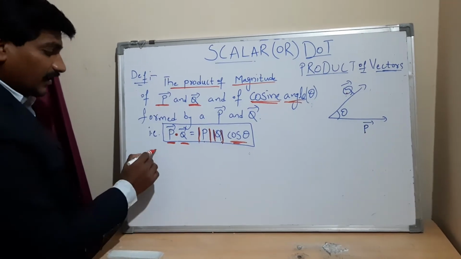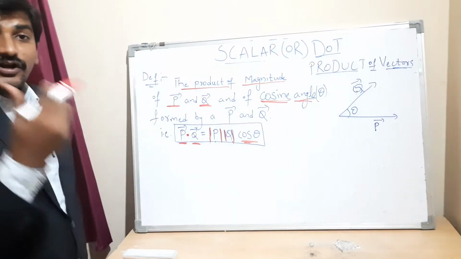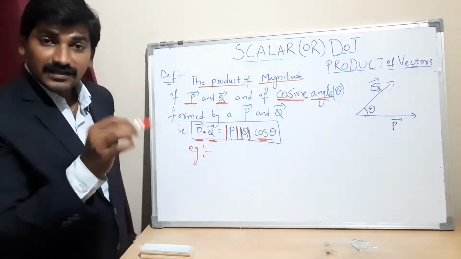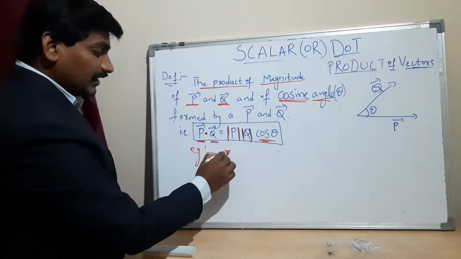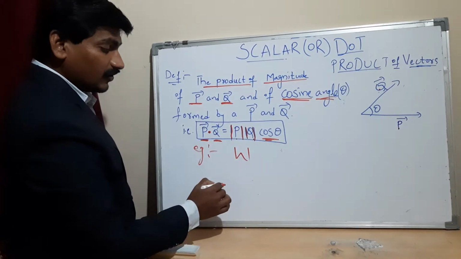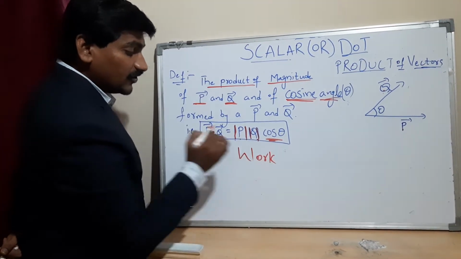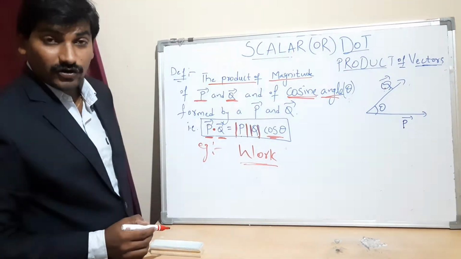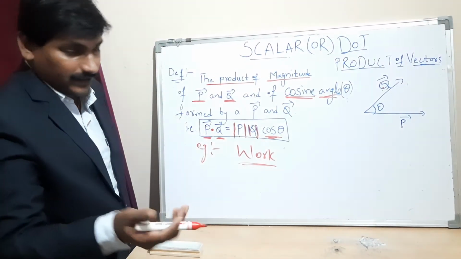Let us see what type of product of two vectors in physics gives us a scalar quantity. Let me take work. Work is a scalar quantity. How is it so?